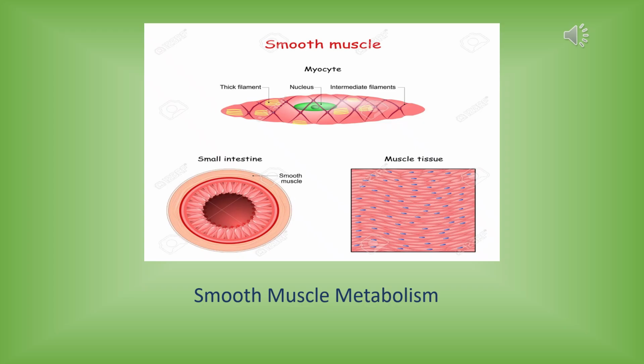Notice that the thick filaments and intermediate filaments, that is actin and myosin, don't run parallel to each other, so they don't overlap. Well, if they don't overlap, then there are no striations, because the striations that we see in skeletal muscle and cardiac muscle are due to the overlapping of the thick and thin filaments.